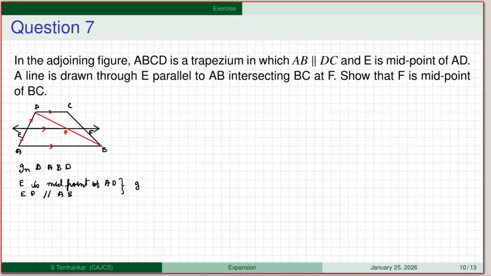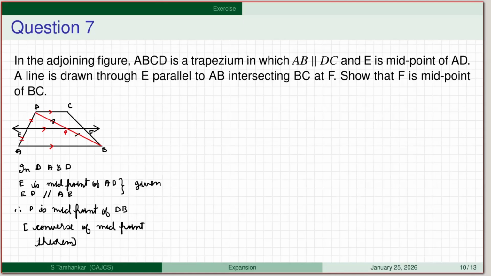Both things are given to us, and therefore P is the midpoint of DB, and the reason would be the converse of the midpoint theorem. So now I have got P to be the midpoint.